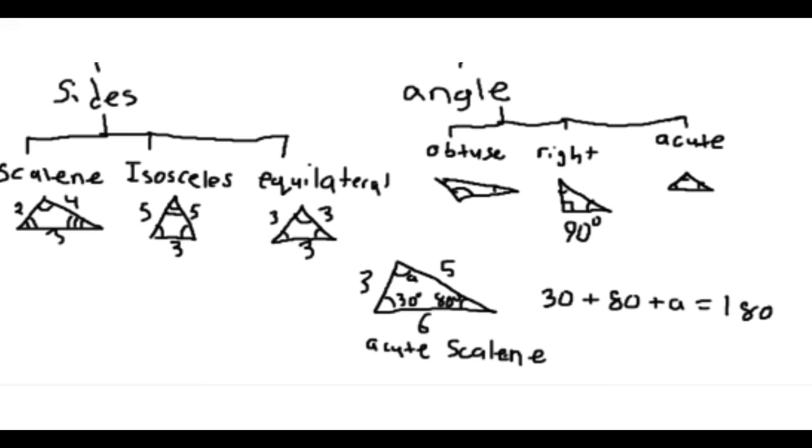We know 30 plus 80 is going to be 110. And now we can subtract 110 on both sides to get A is equal to 70 degrees. So we use this property to solve for a lot of angles whenever you have a triangle. And keep in mind, notice how all of these angles, both angle A, 30 and 80, are less than 90 degrees, which affirms that it's an acute triangle.